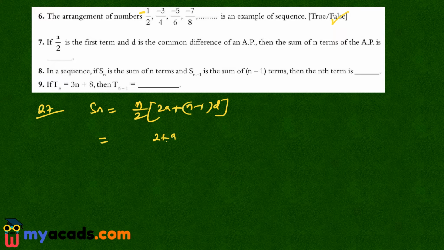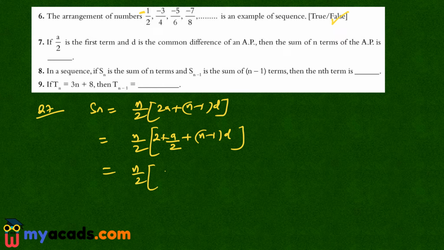So 2 into A by 2, and the common difference is D, n minus 1 into D, and it is n by 2. So the answer is n by 2 into A plus n minus 1 into D. So this is the answer.